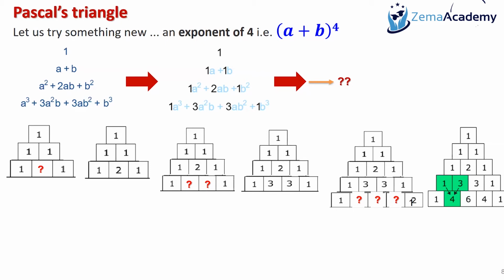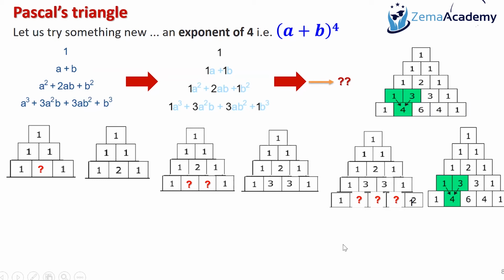I hope this is clear. Any questions on this? So if I have to expand my binomial term a plus b whole to the power 4, I need to have first row, second row, third row, fourth row, fifth row.